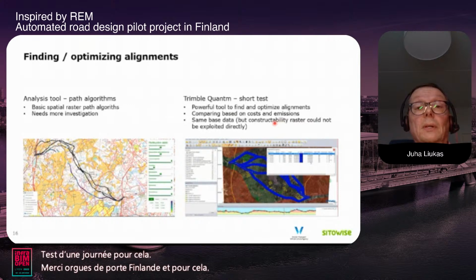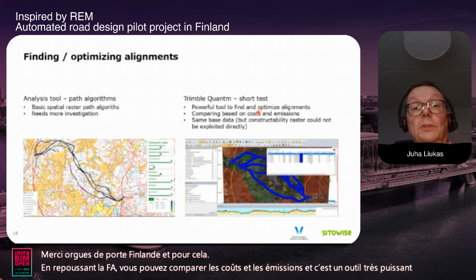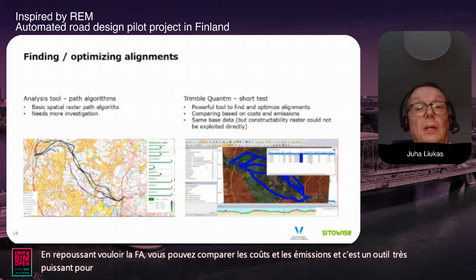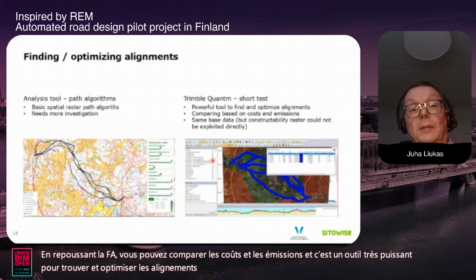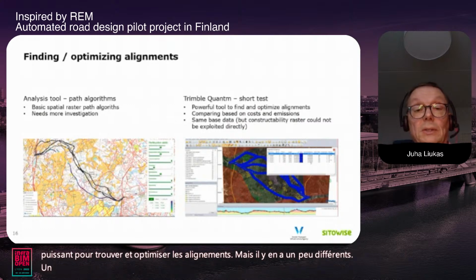So in Trimble Quantum you can compare the costs and emissions, and it's a very powerful tool to find and optimize alignments, but there are a little bit different points of view in these methods.